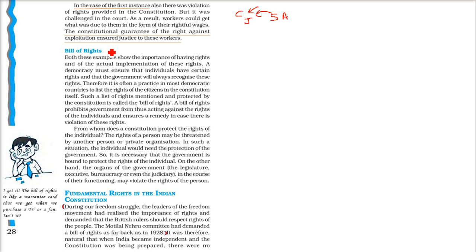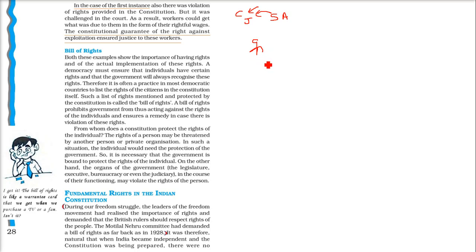Now coming to Bill of Rights. What are these Bill of Rights? See, first of all, we need to understand that these two examples show how important rights are and how we need to implement these rights. That is, every democracy must ensure that every individual living in the country has certain rights, right?